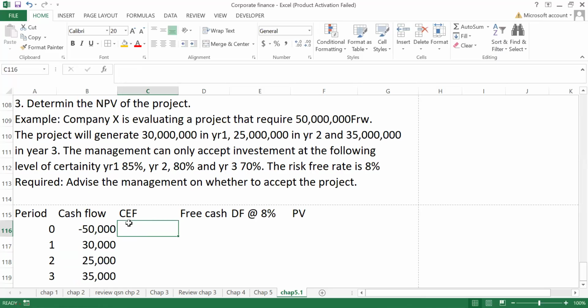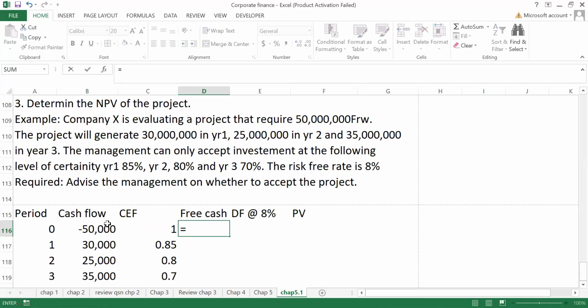Our certainty equivalent factor in period 0, that's where you are, it means you are certain, because that's where you are. It will be 1.0. Then this will be 0.85, 0.8, and 0.7. So our free cash flows will be this times this.